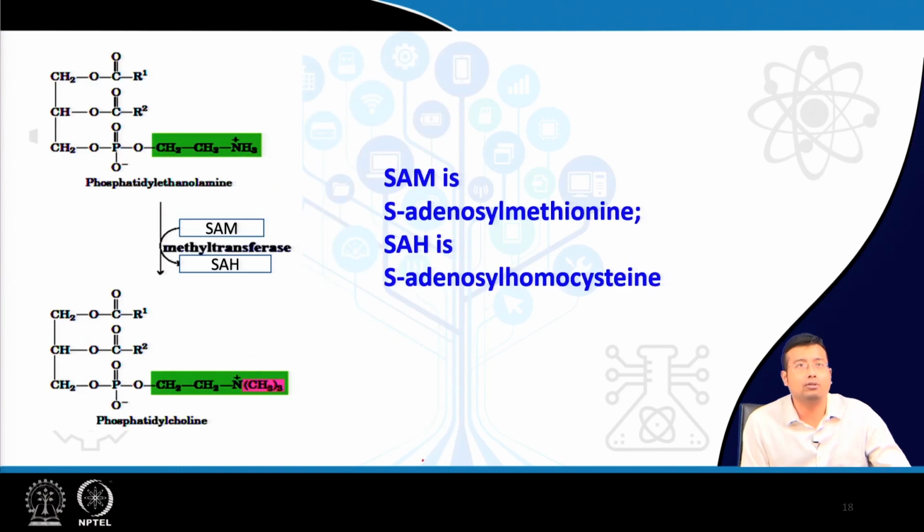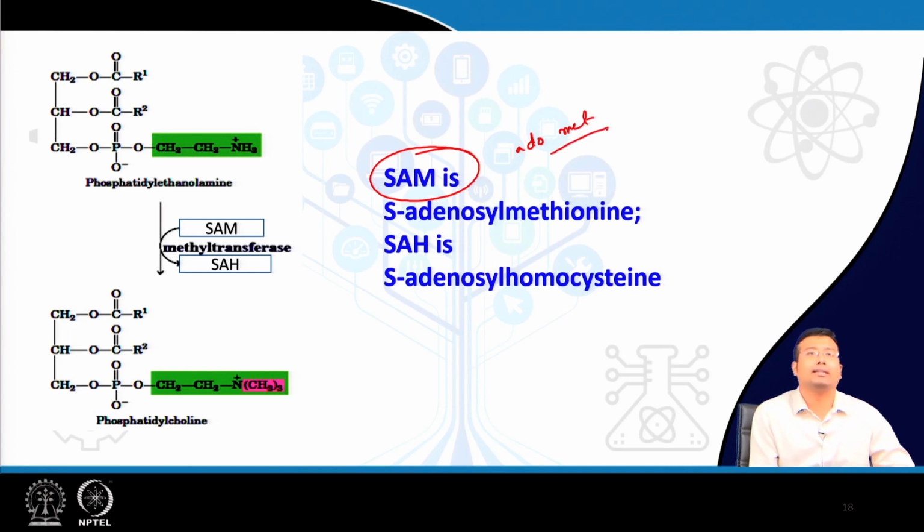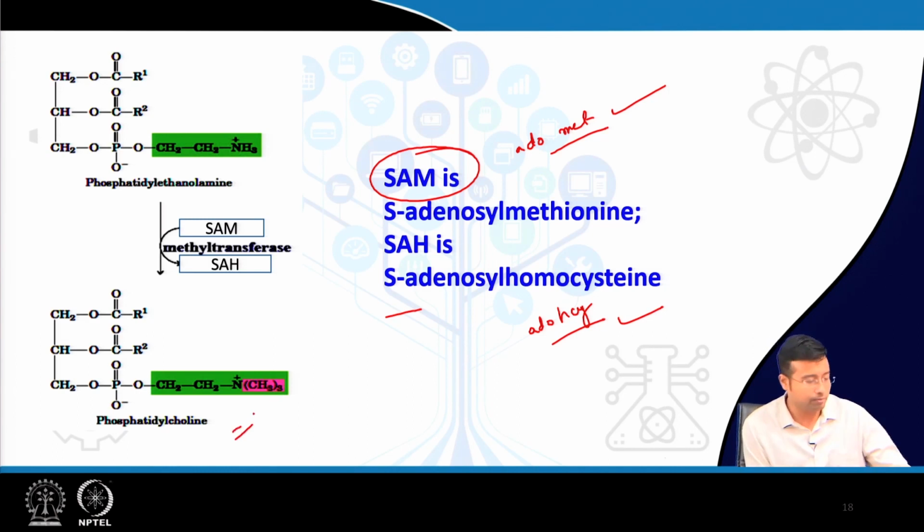If it is methylated by the methyl donor, S-adenosyl methionine, also known as ADOMET, by the action of methyl transferase it is converted to S-adenosyl homocysteine, also known as ADOHCY. These are the abbreviations for S-adenosyl methionine and S-adenosyl homocysteine. So, addition of methyl groups by multiple methyl transferases leads to formation of phosphatidyl choline.